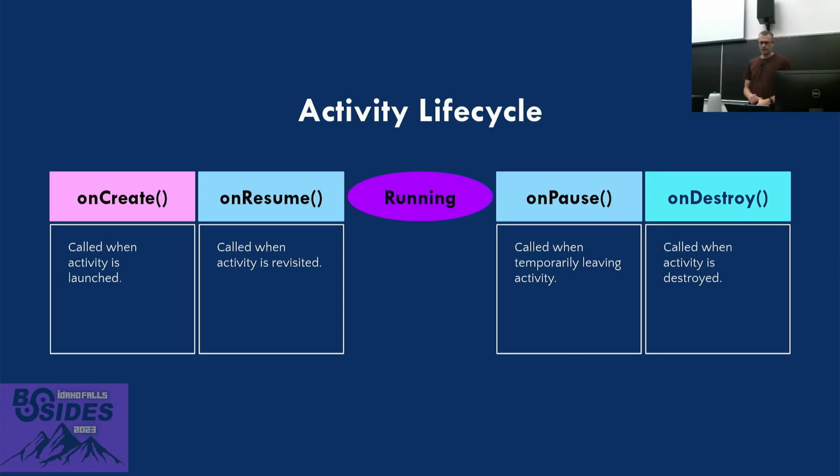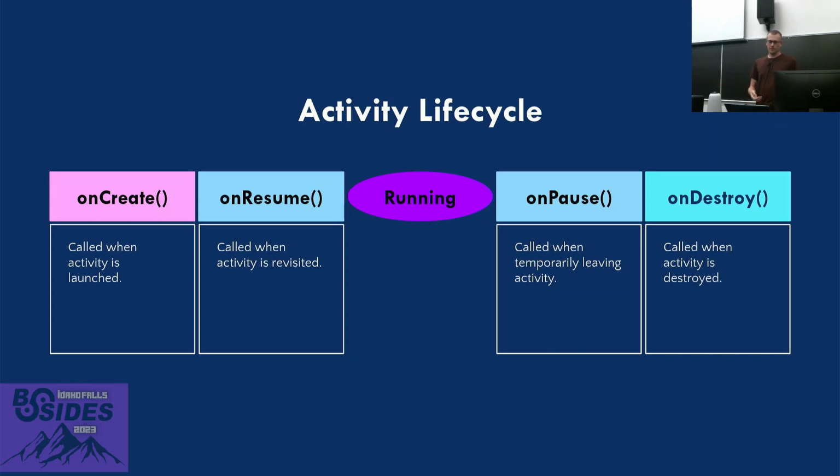The onResume method is called by the Android operating system when the activity is revisited. So if you're using your mobile phone inside Signal texting, and then you leave Signal and go to your browser, and then you go back to the Signal application, what actually happened is Android paused Signal and put it in the background. Now that you've come back to it, Android calls onResume for that particular activity. Let's say you're watching YouTube, then you go to your browser, and then you go back to YouTube.